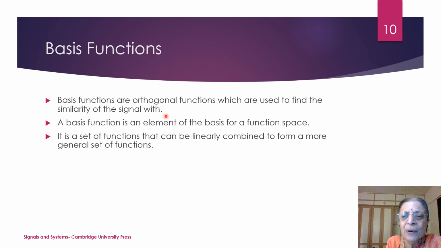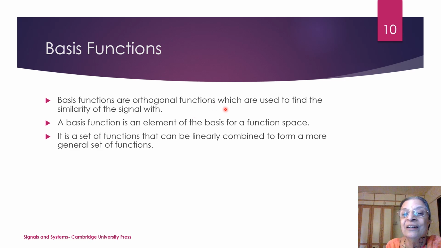So when we expand, actually what we are doing is we are taking the signal and trying to find the similarity of this signal with sine omega t, similarity of the signal with sine 2 omega t, similarity of the signal with sine 3 omega t, similarity of the signal with cos omega t, similarity of the signal with cos 2 omega t, and so on.